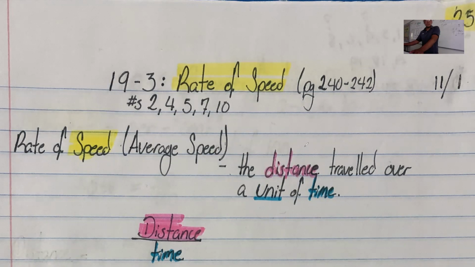And so in essence, we're talking about the distance traveled over 1 unit of time. Think of something like how do we measure speed in a car? Wouldn't that be miles per hour? Notice how we have our distance over time, the distance traveled over 1 hour. That's what miles per hour means.